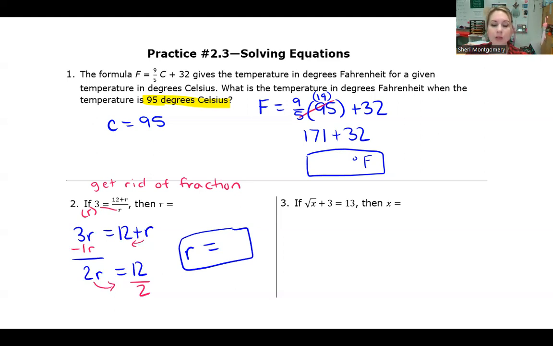All right, for the next one, we need to isolate the square root or get the square root by itself. That means get it by itself. So to get it by itself, well, it's almost by itself. Let's just move this plus 3.